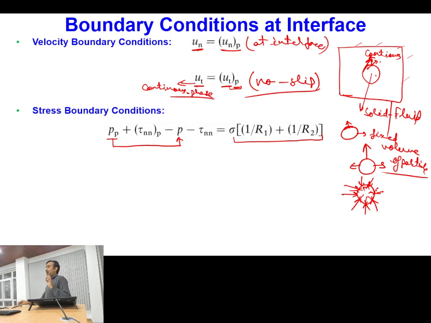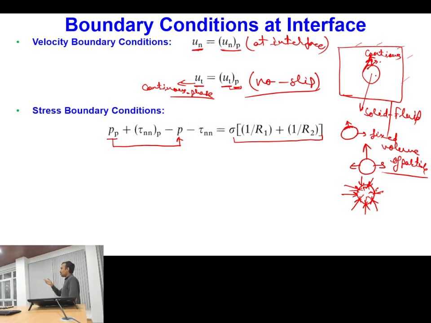Whenever we talk about shear forces, particularly in a Newtonian fluid, we have seen two types of stresses. When we write the complete deviatoric stress tensor, we have normal stresses as well as shear stresses. What are the normal stresses?